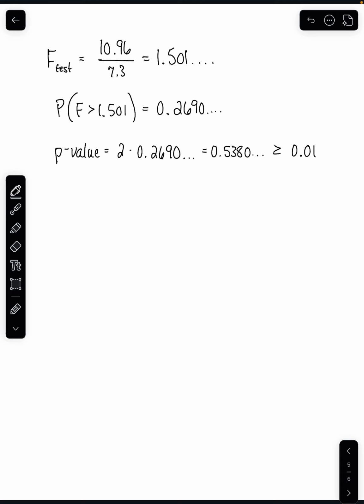We would need an F value that is very much larger than 1 in order to reject the null hypothesis. This 1.5 is so close to 1 that it is very far from being extreme enough to reject the null hypothesis. So based on this, we will fail to reject the null hypothesis.